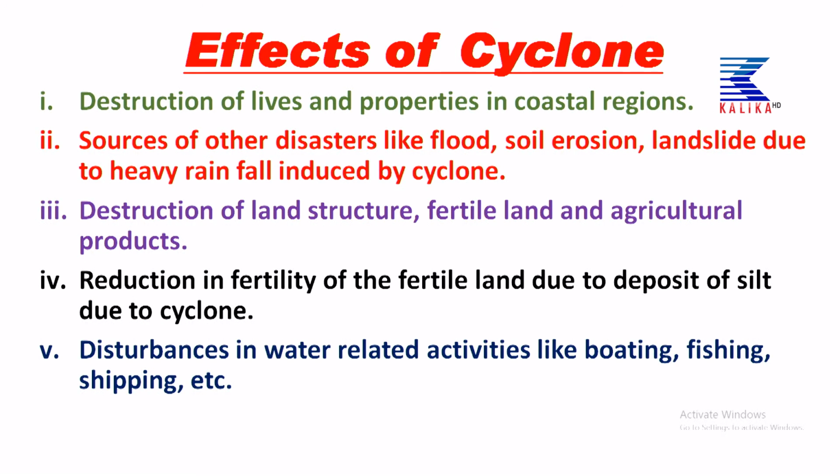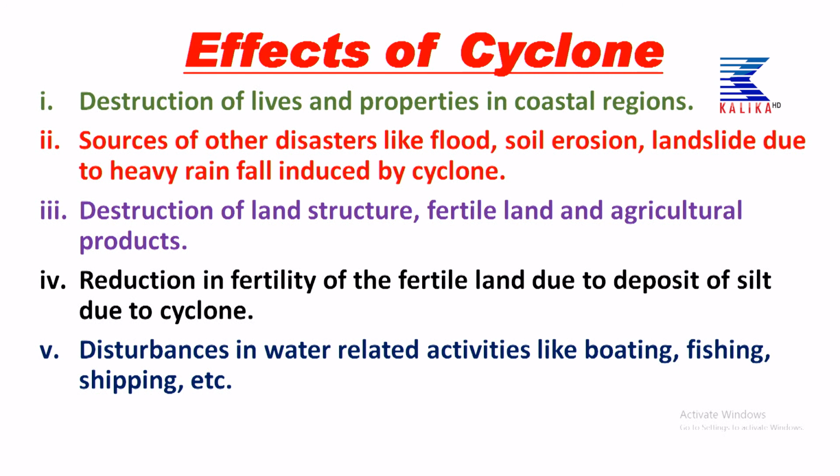Effects of cyclone. As with other natural hazards, cyclone has more or less the same effects. Destruction of lives and properties in coastal areas, means sea coast, or coastal areas means the coast of the sea.